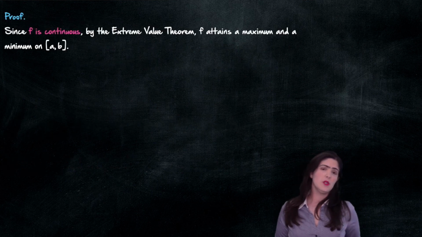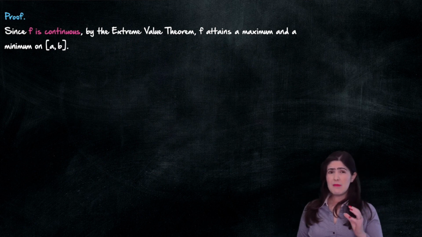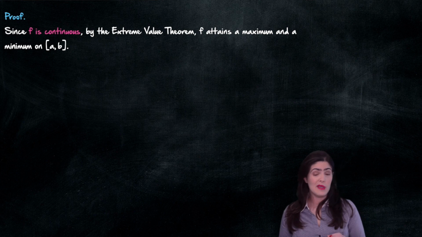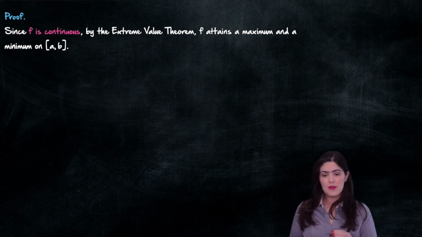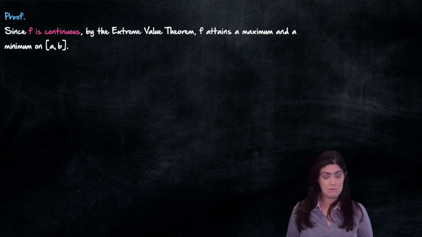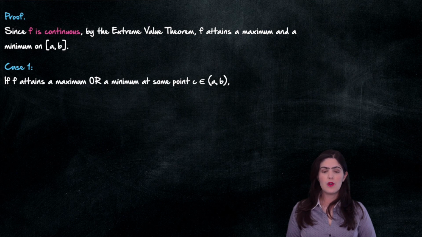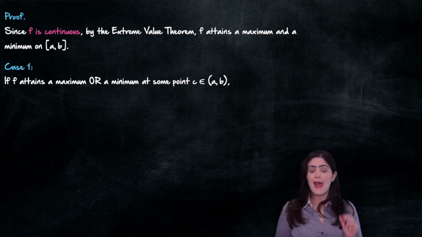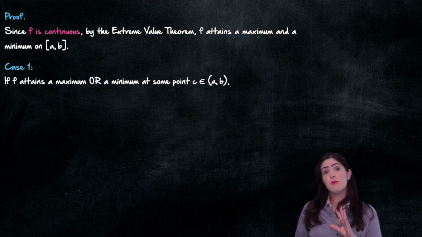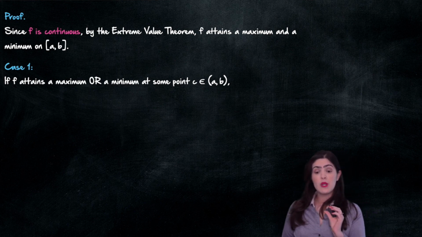So how do we do this? Well, we know that my function f is continuous on the closed interval [a, b]. So by the extreme value theorem, f attains a maximum and a minimum on the closed interval [a, b]. Okay, and now we're going to have two cases. First case: f attains a maximum or a minimum at some point c strictly between a and b.